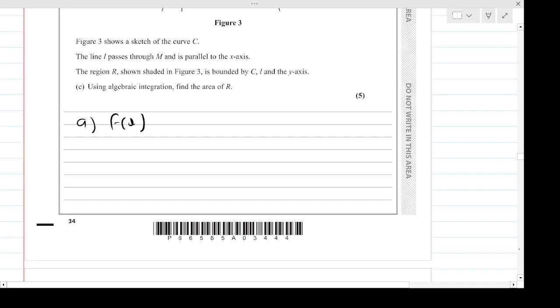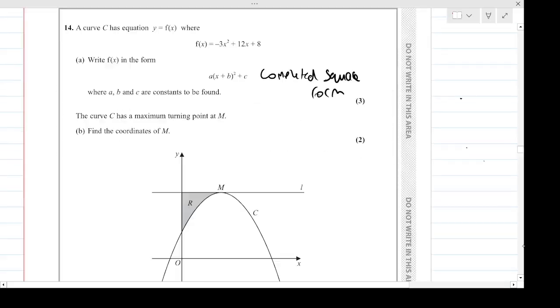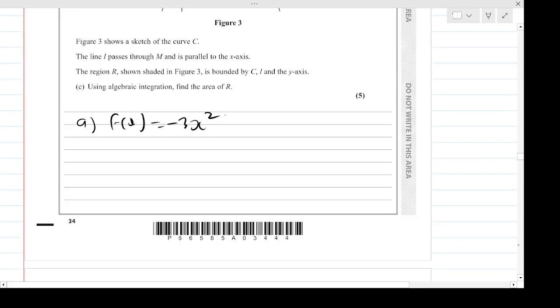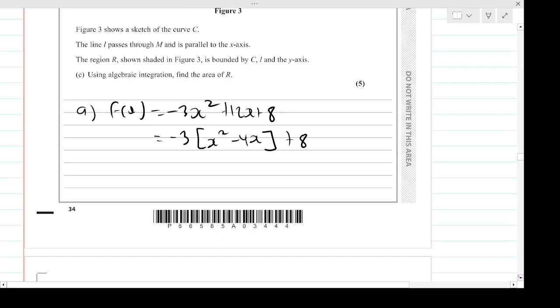f of x is minus 3x squared add 12x add 8. If we were to complete the square, what we do is factor the minus 3 out of the x terms, so minus 3 of x squared minus 4x, because then minus 3 times minus 4 is 12. The constant plus 8, we just leave it because we're not going to do anything with that. The completing the square we do with the x's.